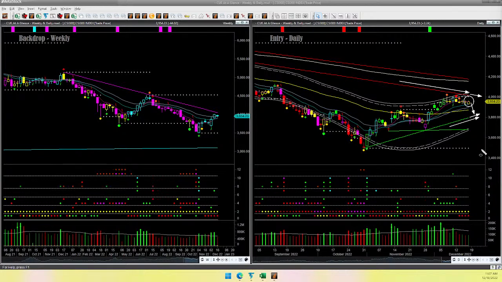What will I like to see? I will actually like to see it breaking out of the weekly trendline resistance. That will prove very bullish because earlier it had a very long downtrend.